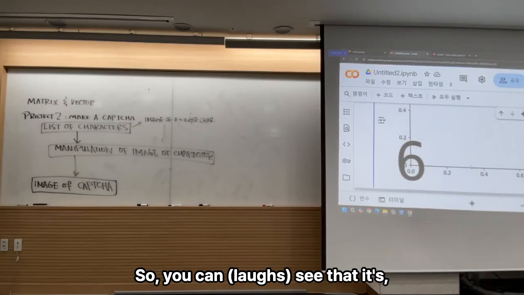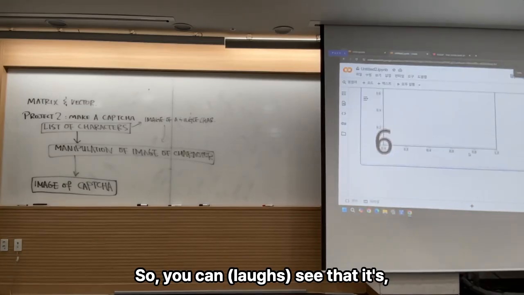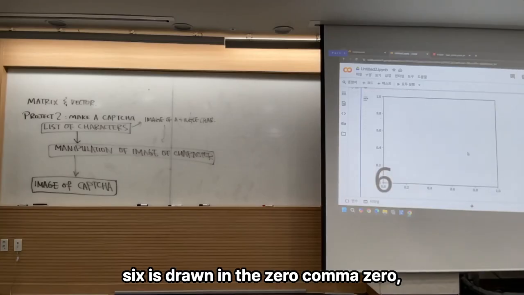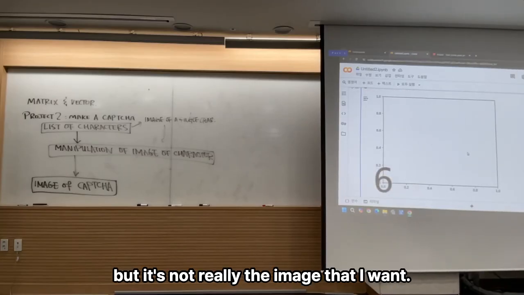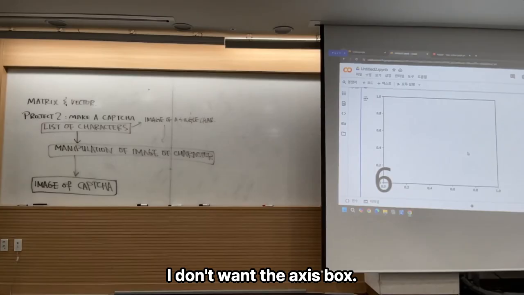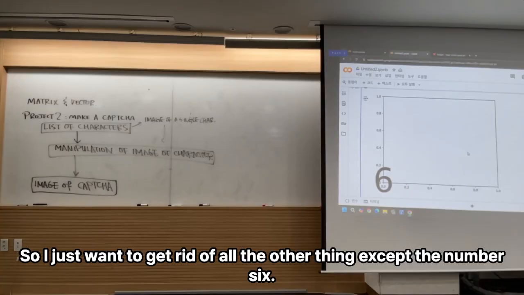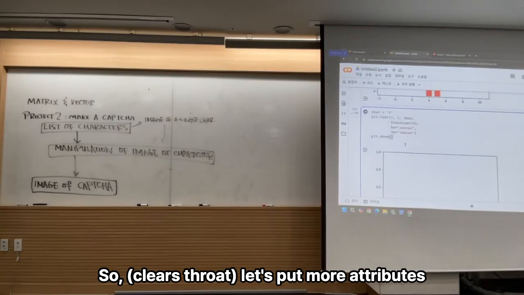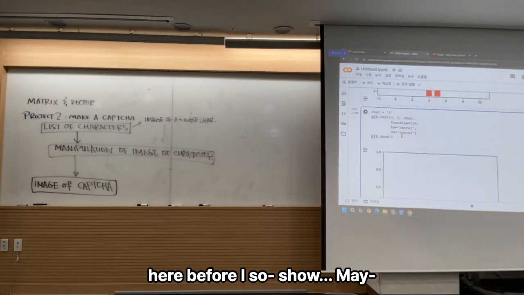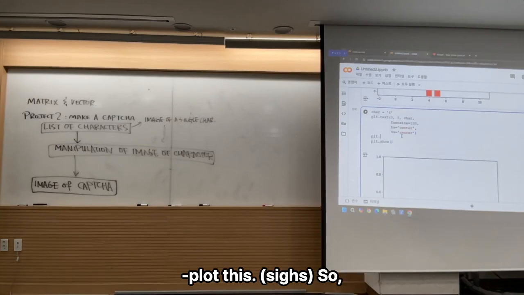So you can see that 6 is drawn at the 0,0, but it's not really the image that I want. I don't want the axis box. I don't want the box. I don't want the numbers. I just want the image of 6, right? So I just want to get rid of everything except the number 6. So let's put more attributes here before I plot this.